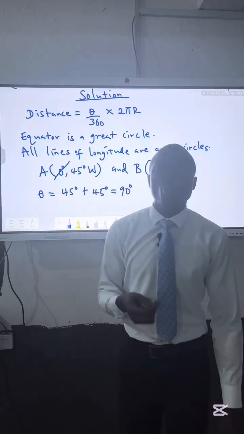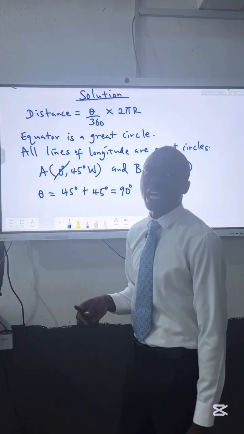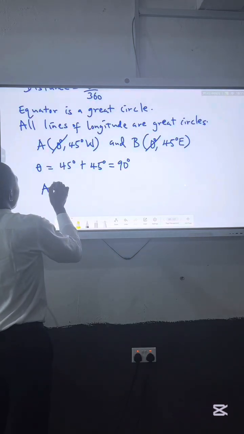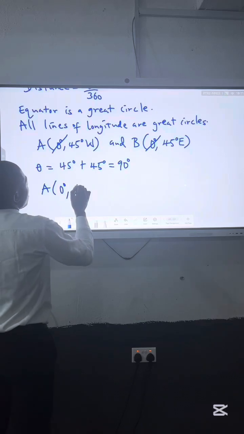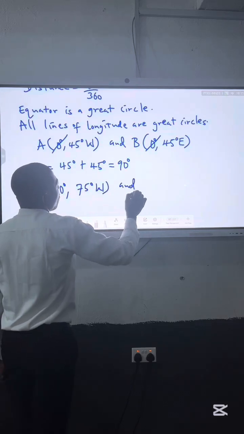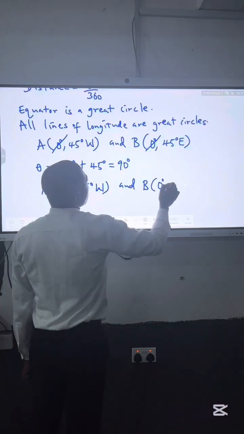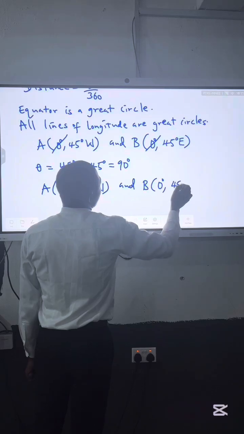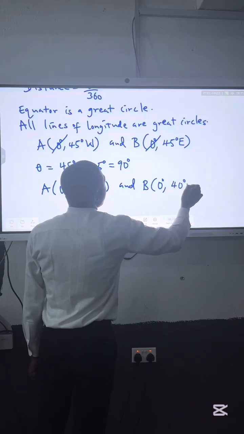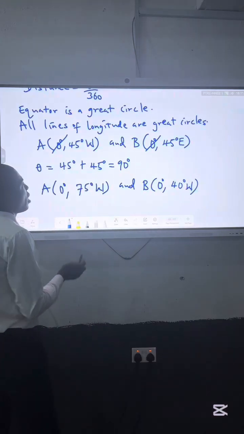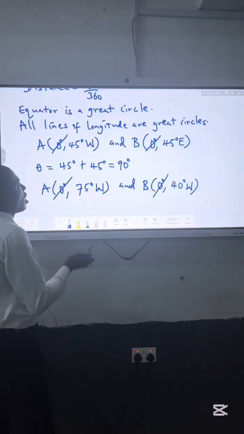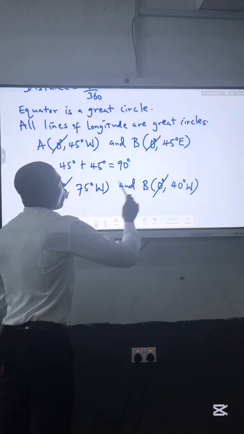If they are towards the same side, we would have subtracted. Supposing point A is latitude 0 degrees, 75 degrees west, and point B is 0 degrees, 40 degrees west. After you cancel latitude 0 against latitude 0, they are towards the same location, west and west.